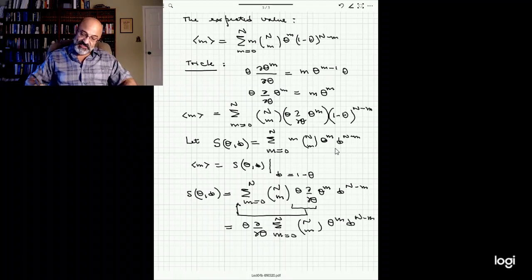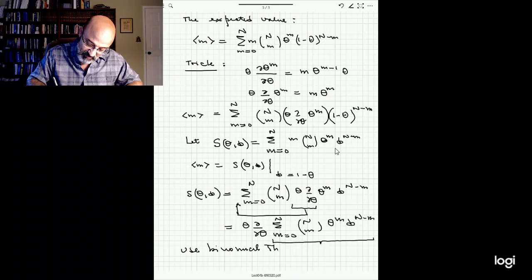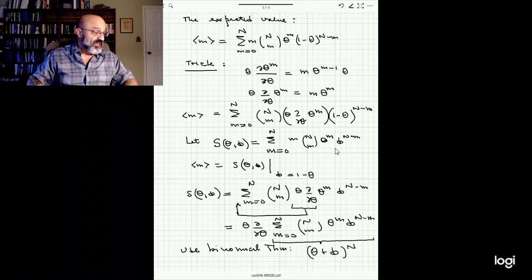The beauty about this is that if we use the binomial theorem, this summation here is given by the following: take theta plus phi, and take this to the power n.